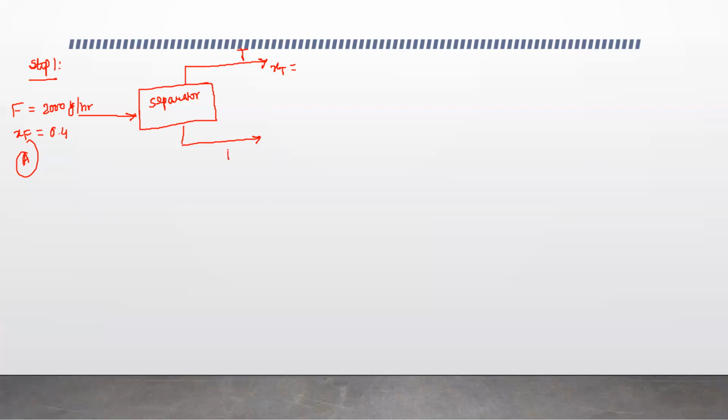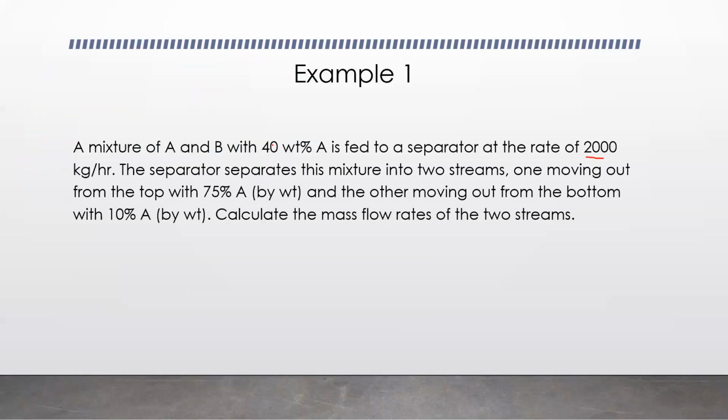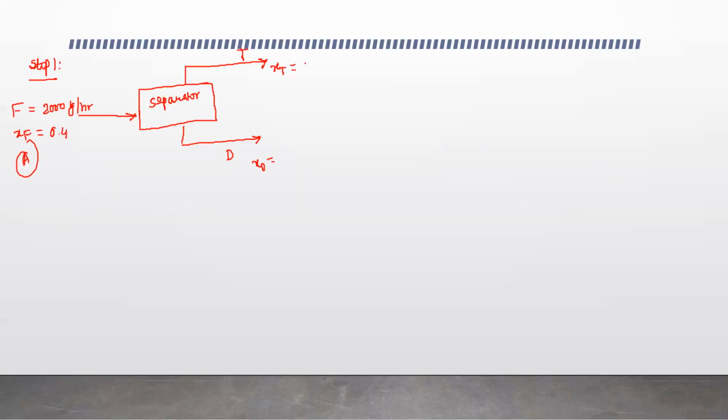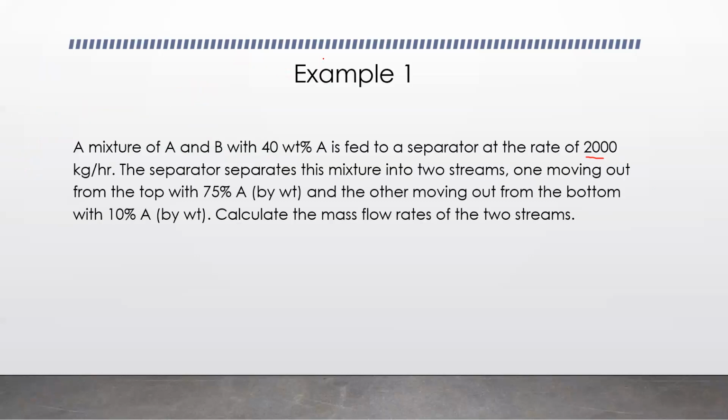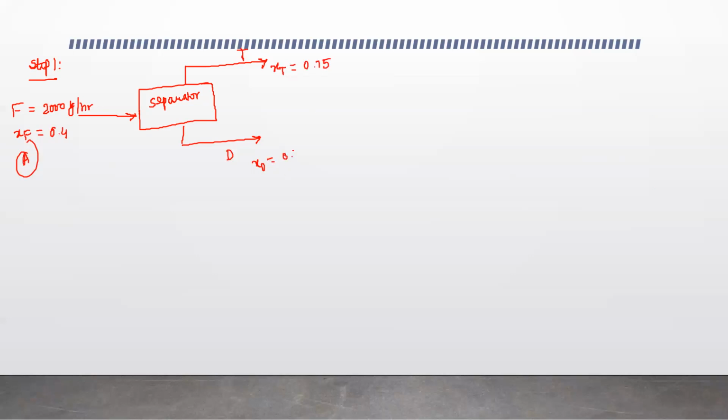So XD is going to be the weight fraction of A in the downstream. The weight fraction of A in the top stream is 75%, so that's 0.75. And the weight fraction in the bottom stream is 10%, so 0.1. All right, so this is my basic block diagram. I have given every information that is mentioned. That is my step number 1.